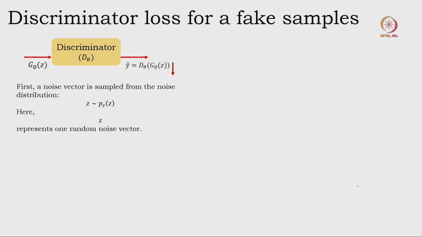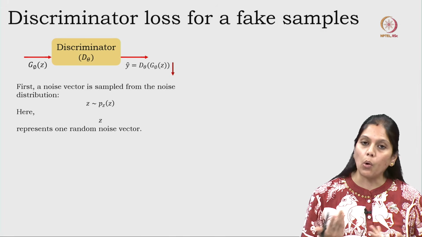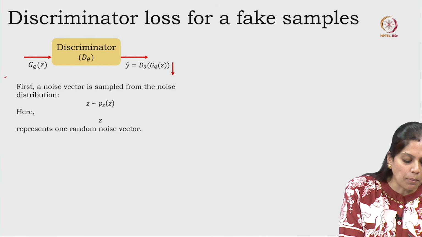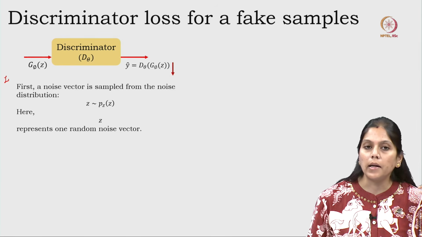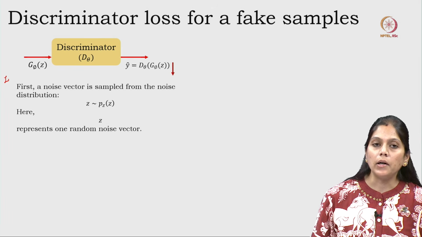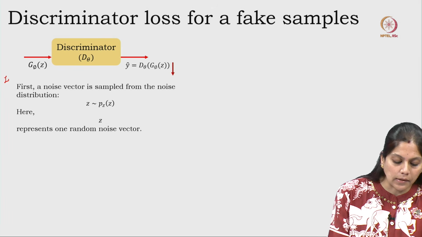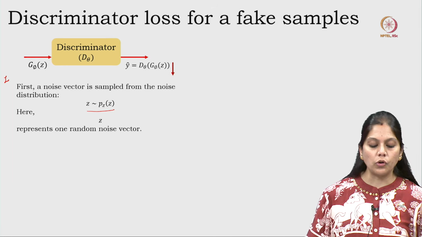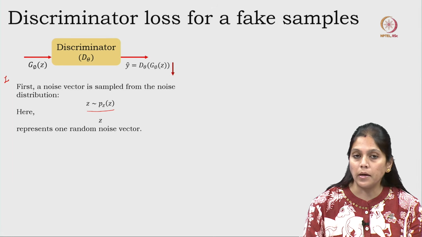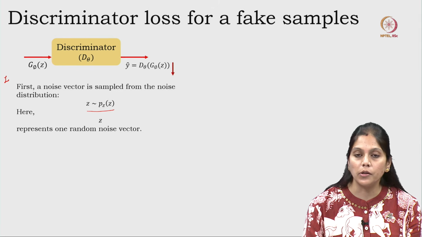Now, let us see what happens when we pass samples to a generator. How do you pass the samples, and what kind of samples will we be passing? The very first one, as you remember, is that z is a noise vector. From where do we take z? z is sampled from this noise distribution, which we can also call a normal or standard distribution.